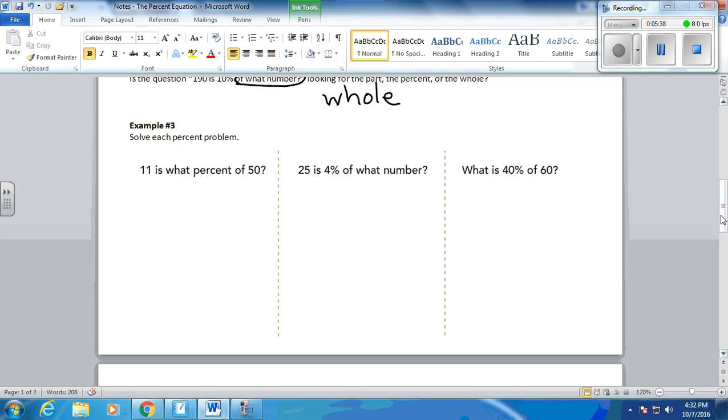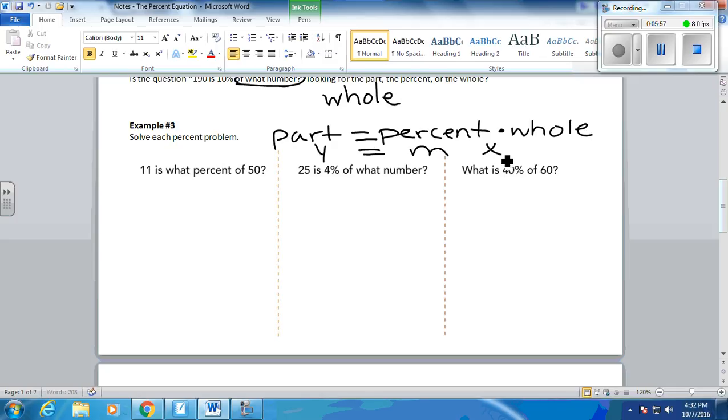If I think of the percent problem, I would be using the percent equation. I would be thinking about part equals percent times whole. This is the same exact thing that is written on the top of your paper. I'm just writing it again so I can refer to it. And then again, it's y equals mx. So if I'm looking for the part, I'm going to put a y.